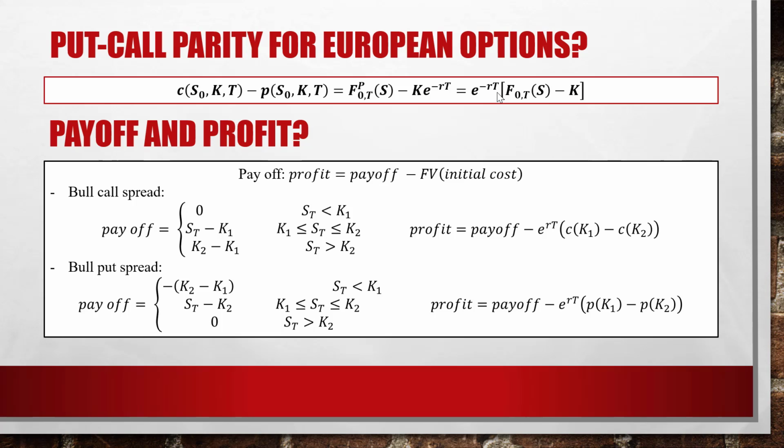And the profit is just the payoff minus the future value of the initial cost. And similarly for the bull put spread, we do the same thing. First, we have to write out the function of the payoff, and the profit is just payoff minus the future value of the initial cost. See that?